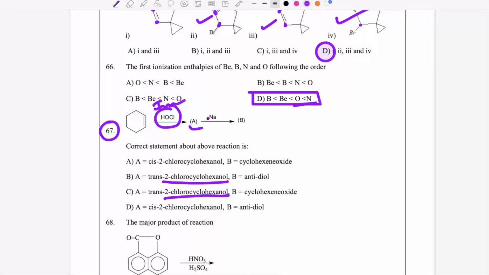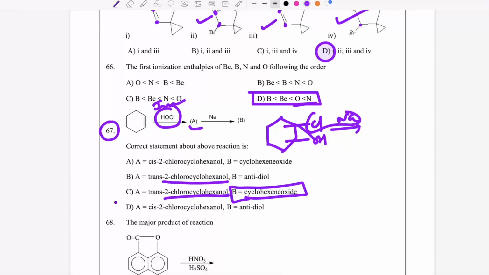And when it is treated with sodium, of course NaCl will be removed. So what will the structure of A be? It will be like this. This is cyclohexane, so here Cl, and here OH. When it is treated with sodium, NaCl is removed and this will be connected to this. Cyclohexene dioxide is the product. So the answer for this question is C.